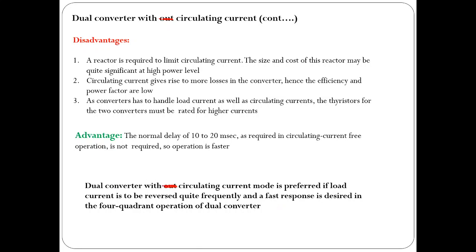This is an important point to remember. Even though we have disadvantages, they are still popular, especially where the load current is reversed very frequently and a faster response is required in four-quadrant operation. So this is about the dual converter operation with and without circulating current respectively.